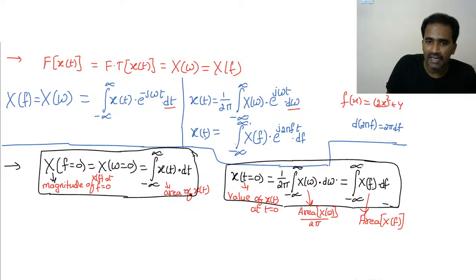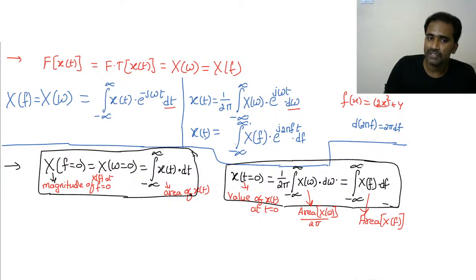If you find the area in time domain, that is the same as the value at 0 in frequency domain. Similarly, if you find the area in frequency domain in terms of f, then it is the same as the value at 0 in time domain. Value at 0 in time domain is equal to area in frequency domain.